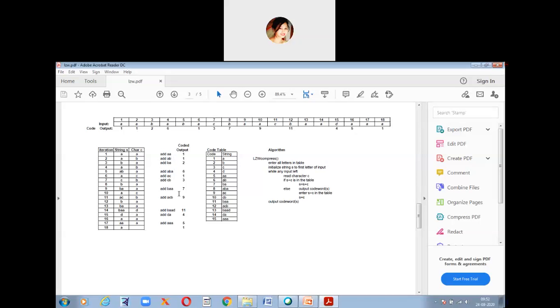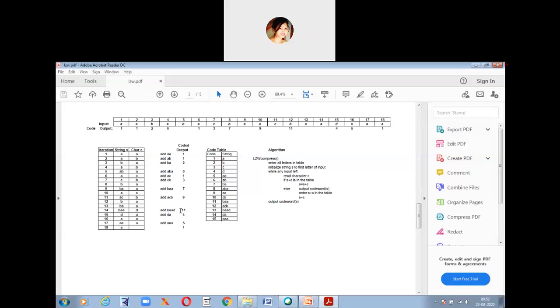Then again you see A, B and A. ABA is 6. Then AC. AC is 1. CB is 3. Then again BA. BA we are not considering again, because BA has already been taken. That is, BA is 2. Then go through BAA. This is 7. Then again AC.